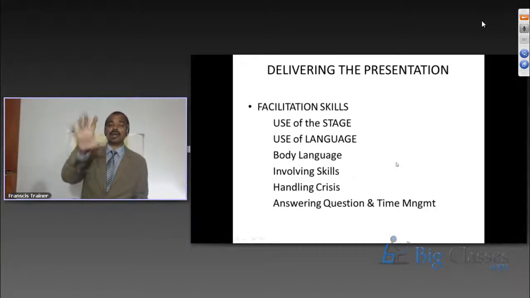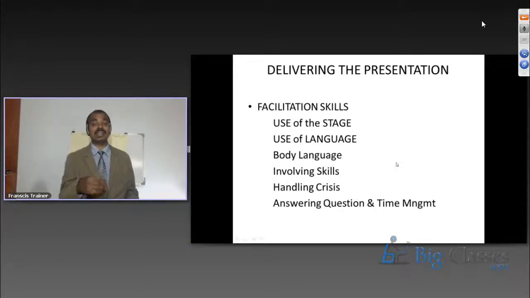In the crowd, among the participants, there are always some people who are critics. The first important point on how to handle them is that you don't take them as negative, take them as positive. Use them, utilize them. How to utilize them?